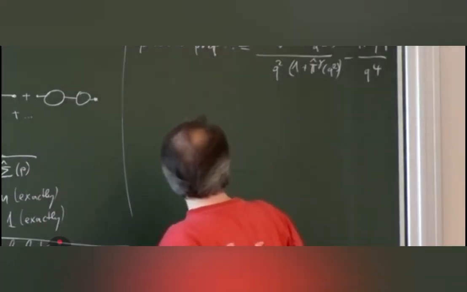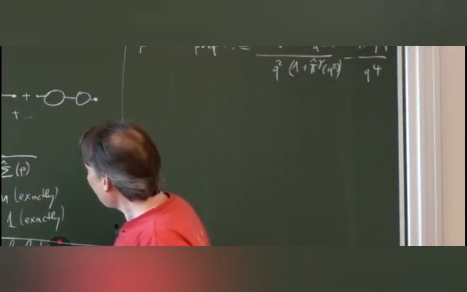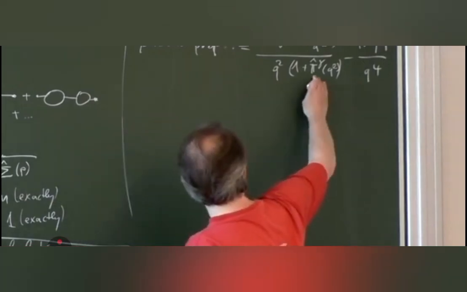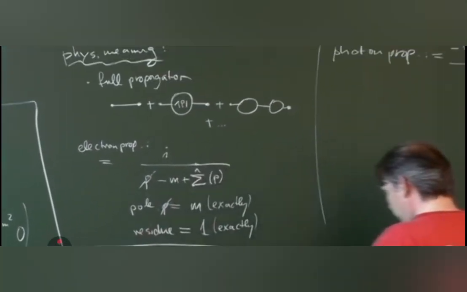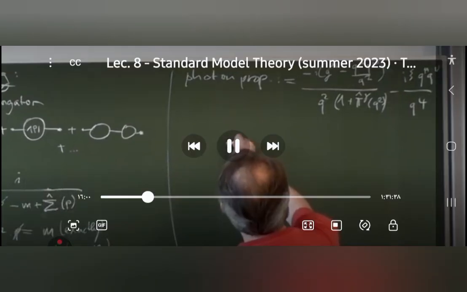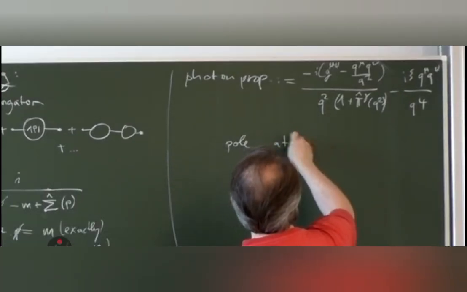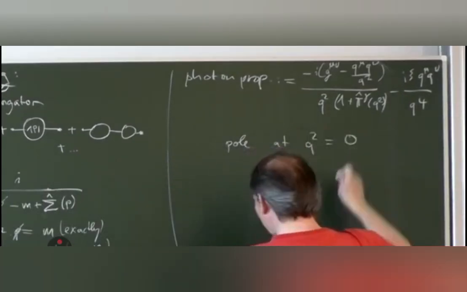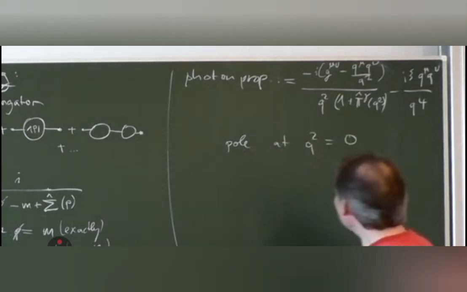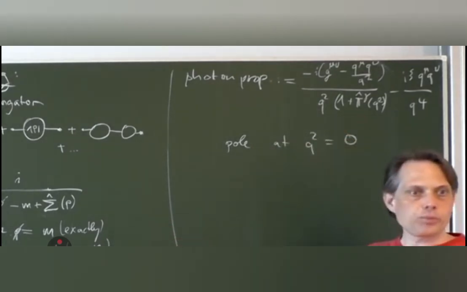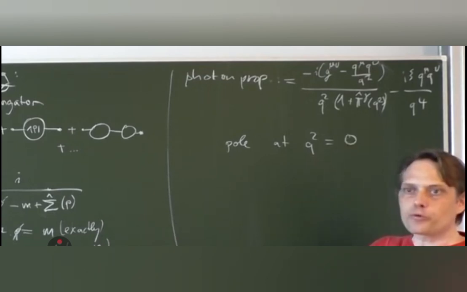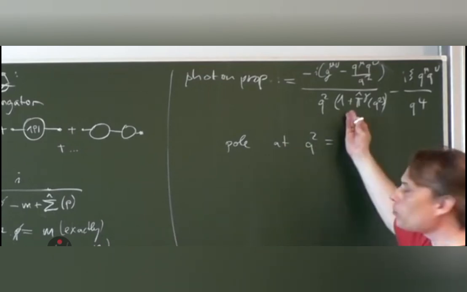At 0, and that cannot be changed because this π γ enters in a multiplicative way. So the pole is at q² equals 0, and so there is no free parameter associated with the location of the pole. In other words, there is no free parameter associated with the mass of the photon.